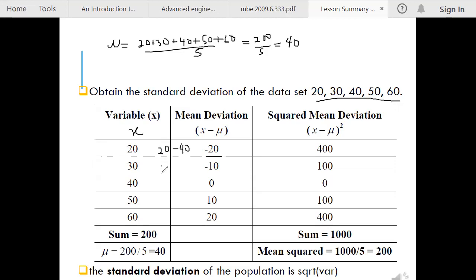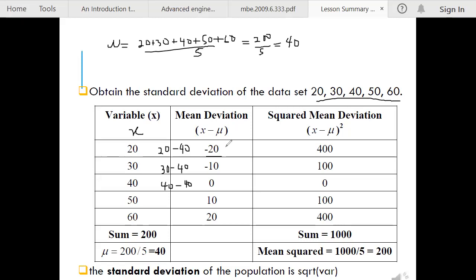Then 30 minus 40 gives negative 10. 40 minus 40 is 0. 50 minus 40 is 10. And 60 minus 40 is 20. That is how we get this dispersion, or deviation from the mean.